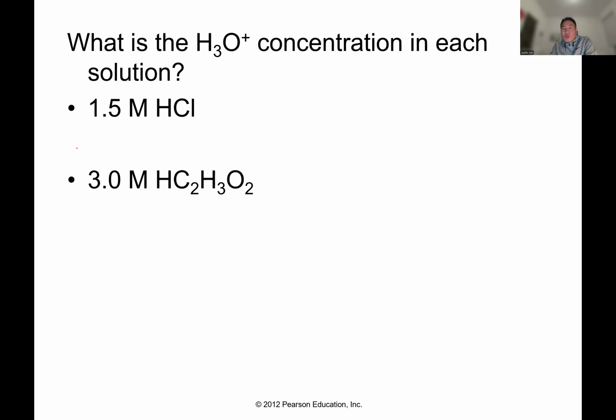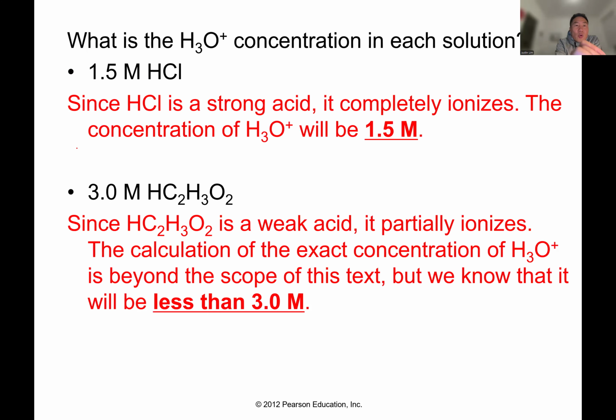So what is the hydronium concentration in a 1.5 molarity solution of HCl? HCl is a strong acid. What does it mean? It completely ionizes. So the concentration of hydronium ion will be 1.5 molarity, the same.